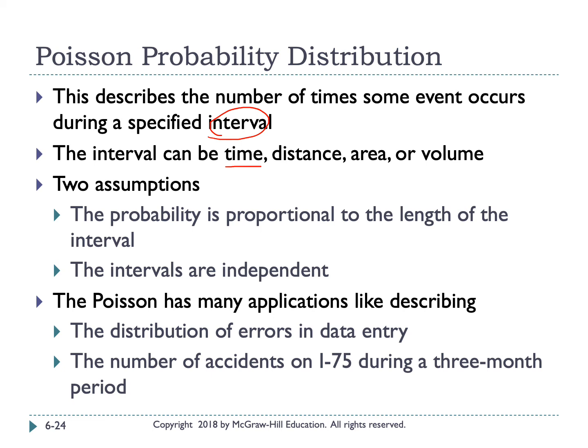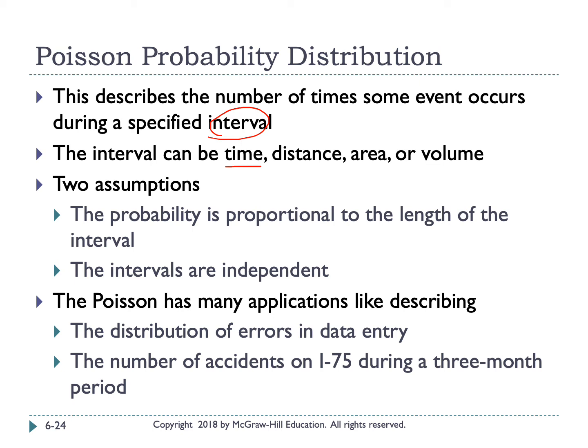The first assumption is the probability is proportional to the length of the interval. So what does it mean? It means that the longer the interval is, the larger the probability. The second one, the intervals are independent of each other. It means that the number of occurrences in the interval does not affect the other interval.